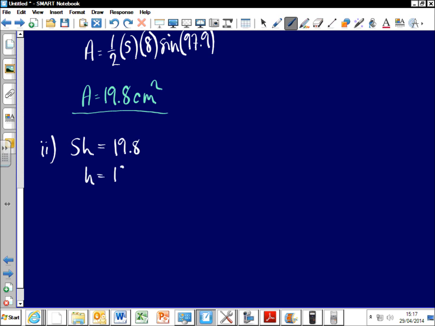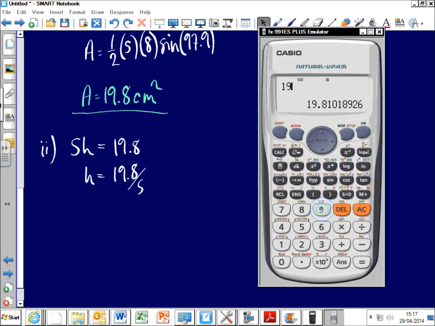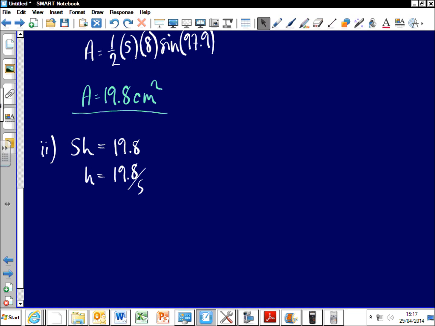So the height is 19.8 divided by 5, which is 3.96. Is that to 3 significant figures as well? 3.96 centimetres. Okay, and that's the height of that perpendicular. Everyone agree with that?